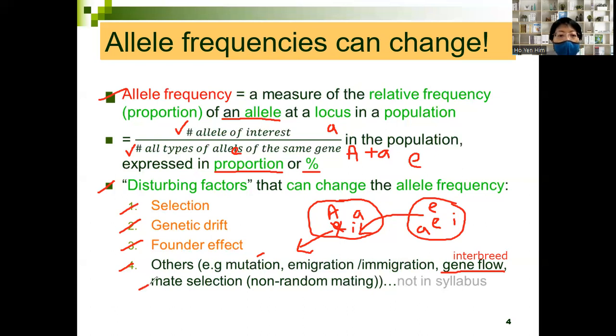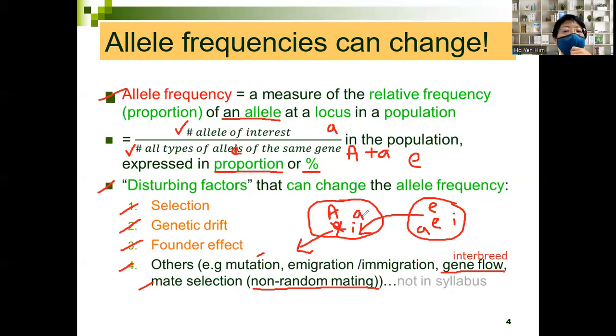Mate selection also. Mate selection means when there's non-random mating, it will cause a change in allele frequency. Why? Let's say, for example, you have big A, small e, small I in this population. But the A likes A only, because E and I look very different, even though they can interbreed. So the A will choose A only.